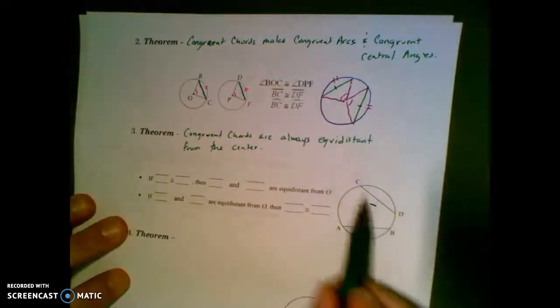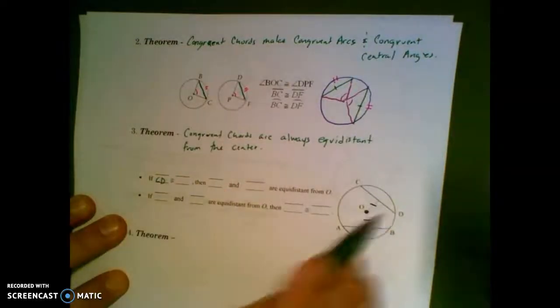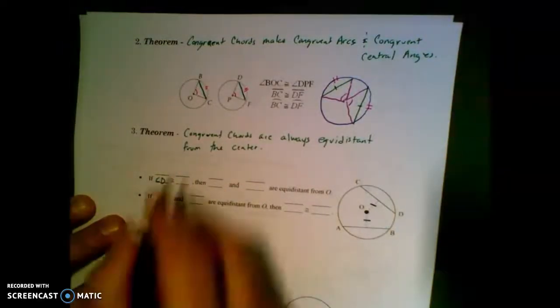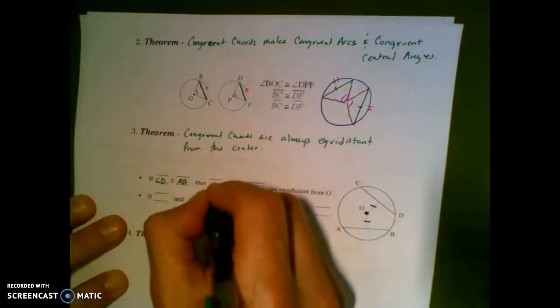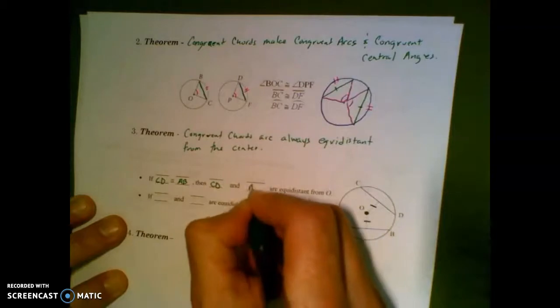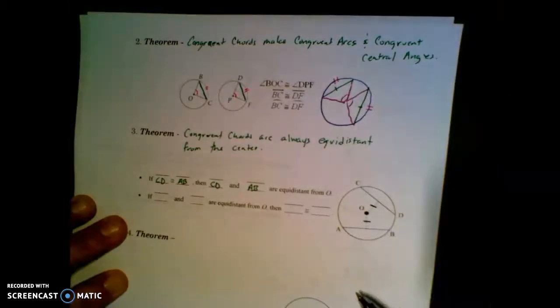So down here I have CD. This chord CD is congruent to AB. So if that's the case, that means that CD and AB must be equidistant from the center, which in this case is point O. So they're always going to be the same distance as long as those two chords are congruent.